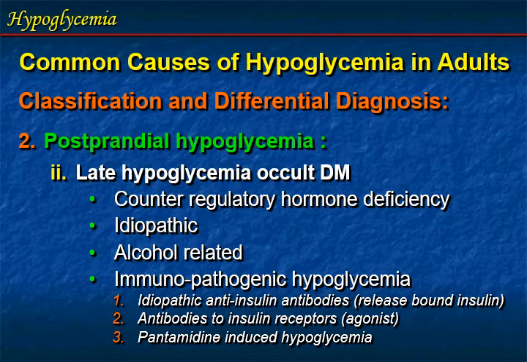So the body treats them as non-self. And these antibodies will bind to the newly secreted insulin and make a complex. But whenever this insulin is released from this antibody-antigen complex, it enters the circulation with the newly released insulin and causes hypoglycemia.